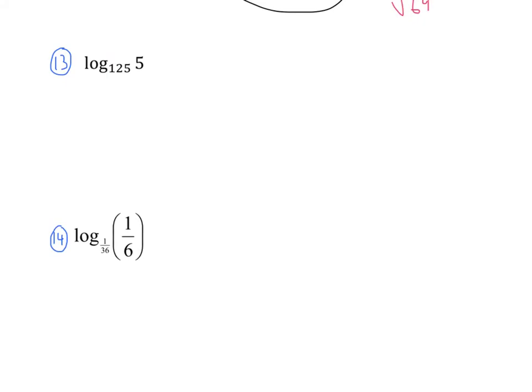Okay, the log base 125 of 5. The logarithm is the exponent that we need to raise 125 to in order to get 5. If this was backwards, we know 5 cubed would get us 125, but we want to go the other way.